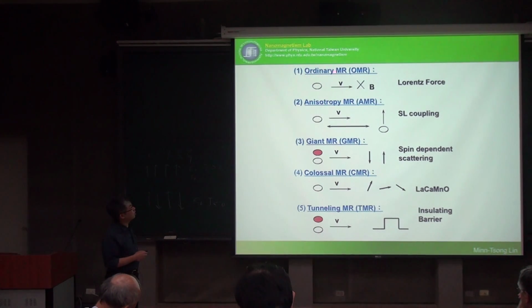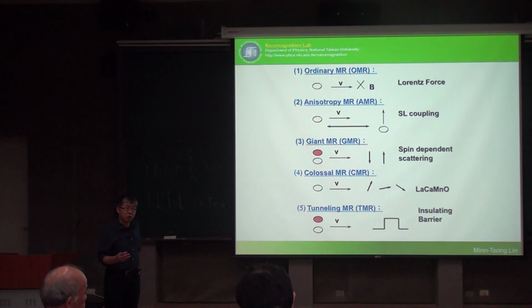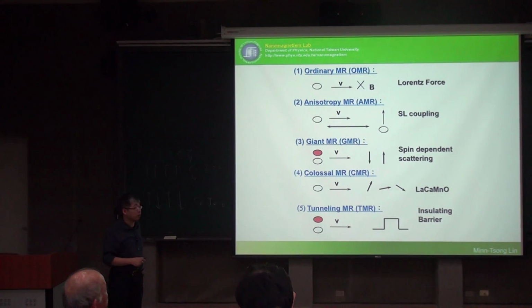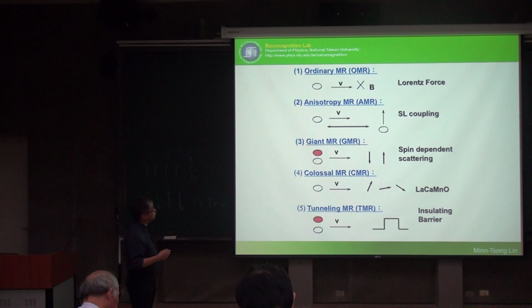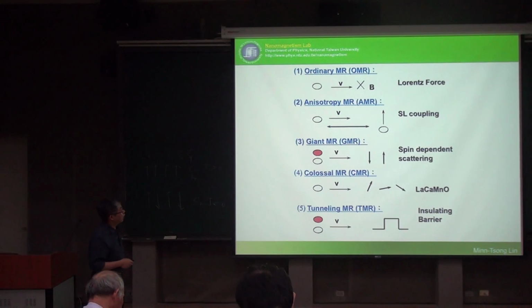We call this ordinary magnetoresistance. It is very difficult to use in applications because it is very difficult to distinguish. You need to apply a very strong magnetic field to get a resistance difference.